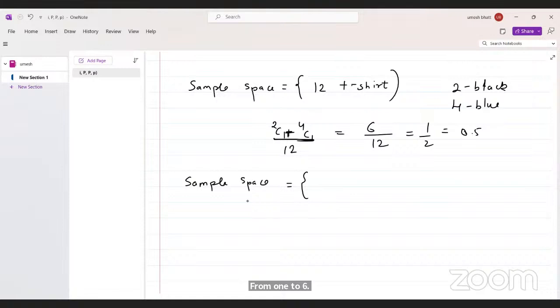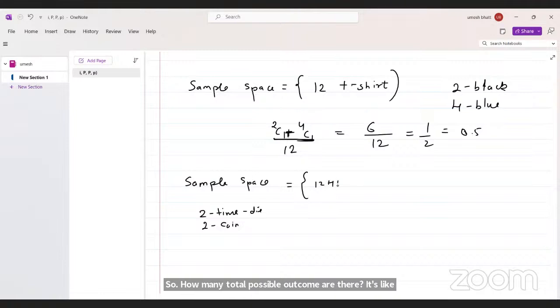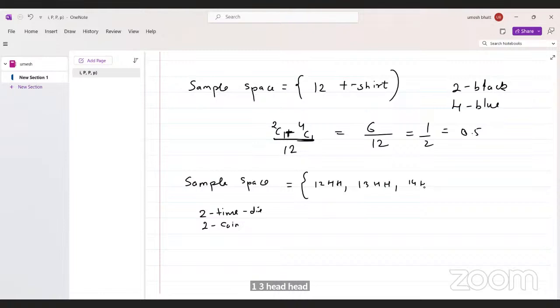Because he is rolling the die twice, there are 36 outcomes, and twice for the coin. So how many total possible outcomes are there? It's like this: 1 2 head head, 1 3 head head, 1 4 head tail, like this.